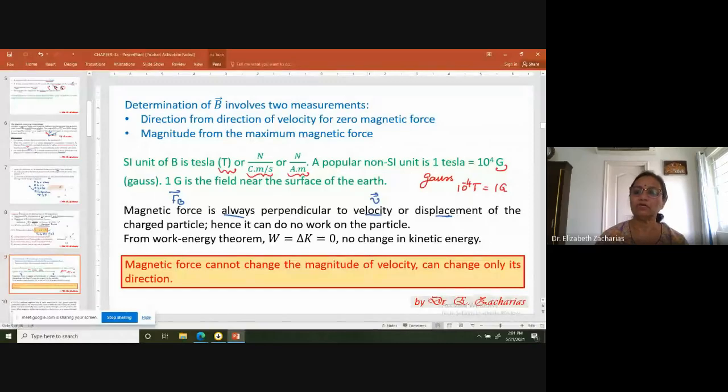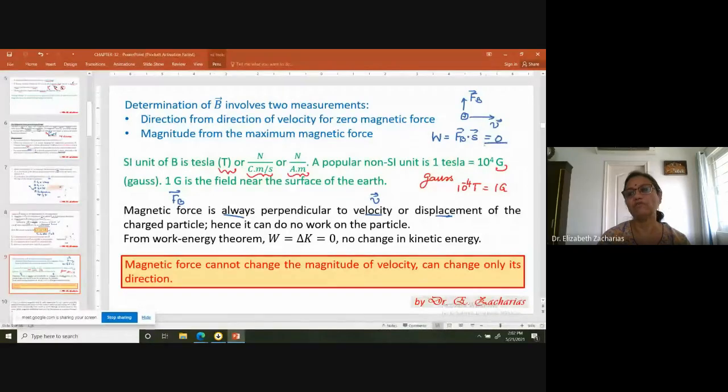Now think of it. There is a charged particle moving, and you're seeing that FB is this. Then, what is the work done by this force? You know, work done is F dot S. What is the angle? The angle is 90, and cos 90 is 0.